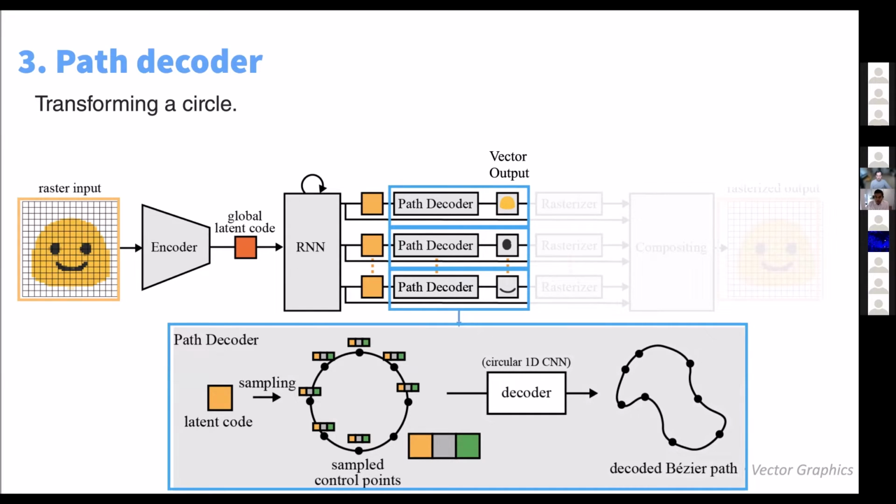And this output becomes the parameters of a Bezier path. I refer to the paper for the details of how we map the points into 4 points of the Bezier curve.